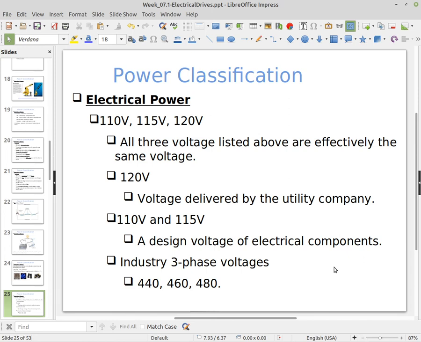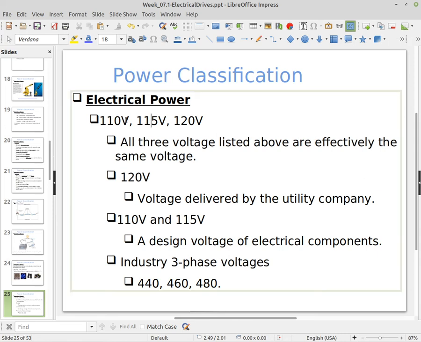Alright, there's lots of different voltages that you might see. Here in the United States, of course, we use 110 or 120 volt power. This kind of varies depending on exactly how we're getting that power, but we won't really go into that today.